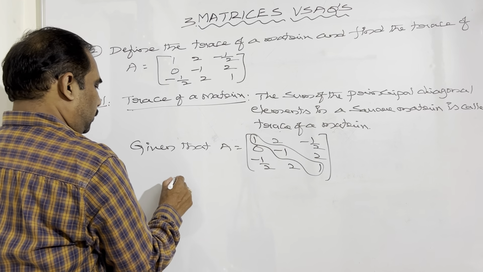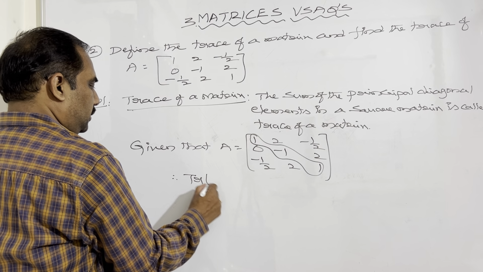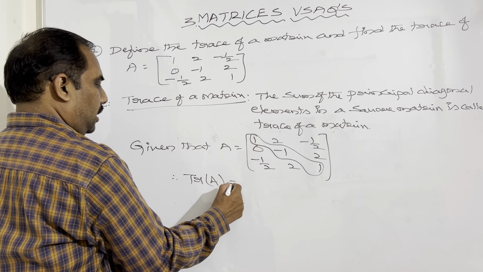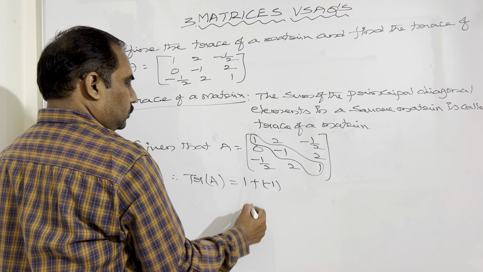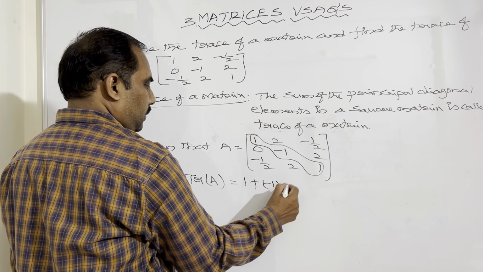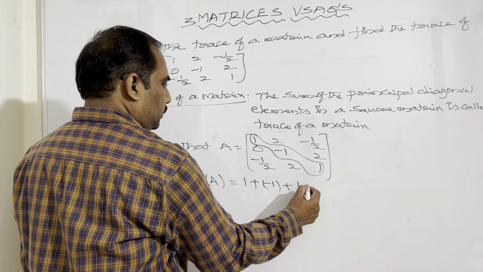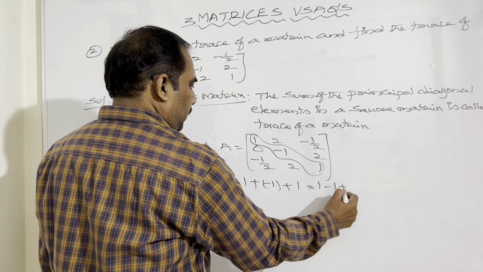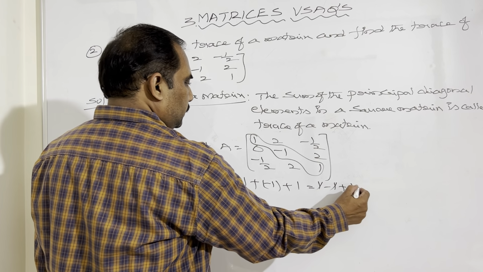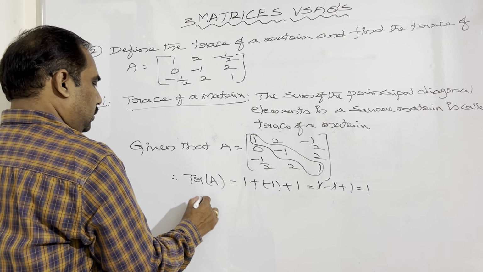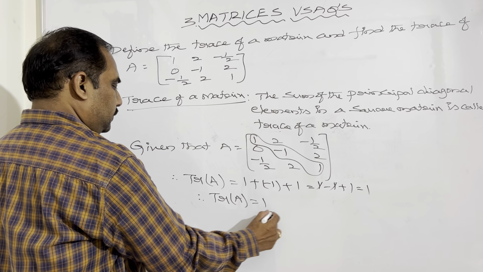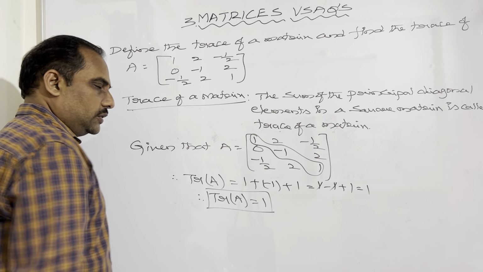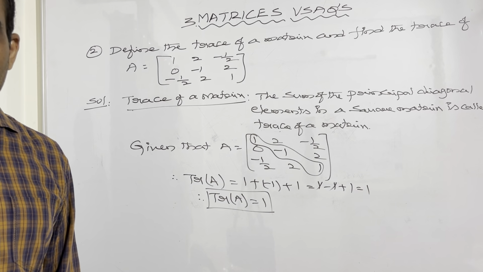The trace of A, denoted by tr(A), is equal to the sum of the principal diagonal elements: 1 plus minus 1 plus 1, which is 1 minus 1 plus 1. Plus 1 minus 1 gets cancelled, so the trace of A is equal to 1.